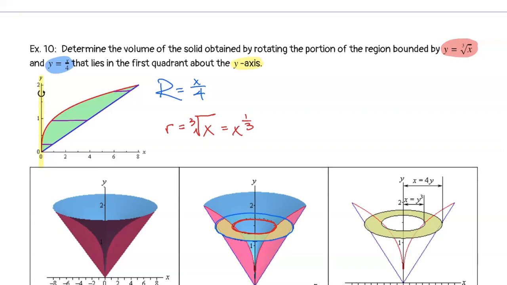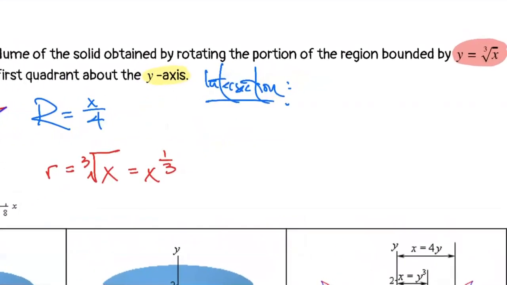We can see from the graph, but how is it that we find out where those intersection points are algebraically? Yeah, exactly. We're going to set those two functions equal to each other. So cube root of x equals x over 4.